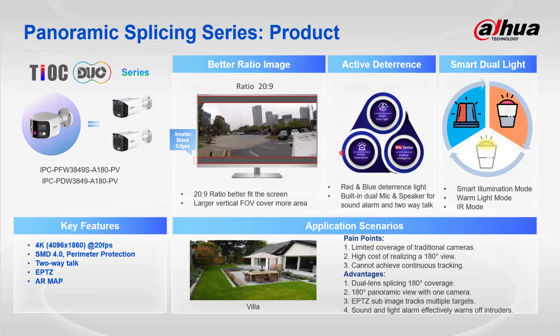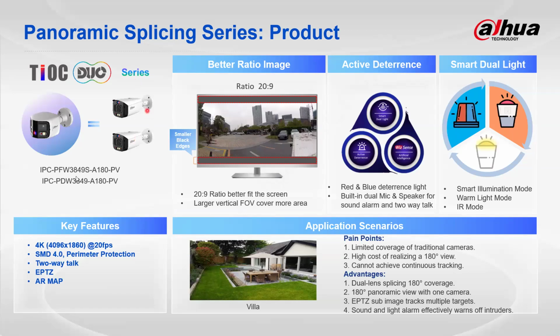For the TACDO still case, again, they have the panoramic splicing series with them. So this is what we have at this particular moment. You can see from this, the reason it's called a duo is because of these two lenses. This product here is equivalent to two traditional products. We have the 3 series products, which are 3 TFC products.